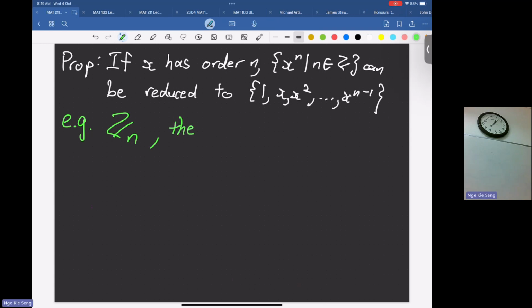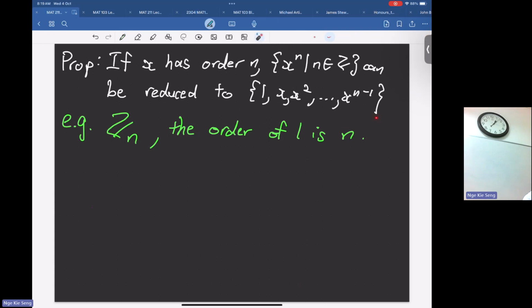So the order of 1 is n, because adding 1 n times you get n, and n is 0 modulo n. Correct? n times 1 is n mod n, which is 0 mod n. So 0 is always the identity modulo n.